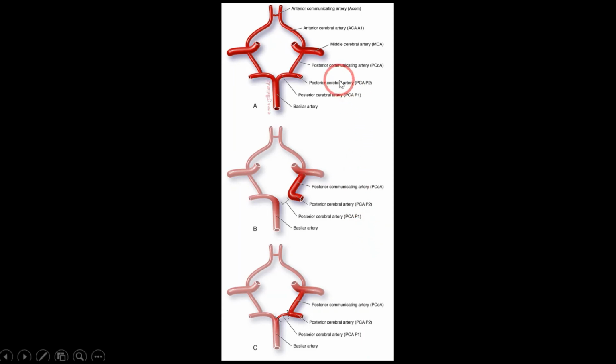Now let's have a look at what are the variants of fetal PCA. This is a diagrammatic representation. This is the basilar artery, both posterior cerebral arteries. Internal carotid artery coming from underneath and then continuing as a middle cerebral artery, anterior cerebral artery, anterior communicating artery.